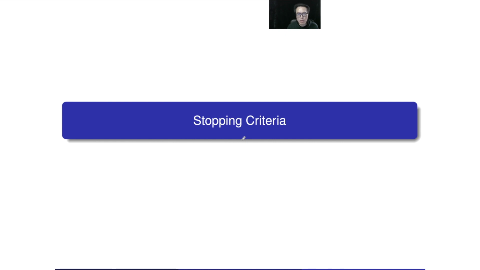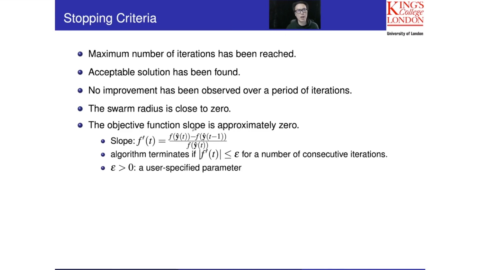And for stopping criteria, we have a lot of options. The first one is very straightforward: we set a maximum number of iterations. That means we run the algorithm for, say, 1000 times and then stop. Another one is that an acceptable solution has been found.